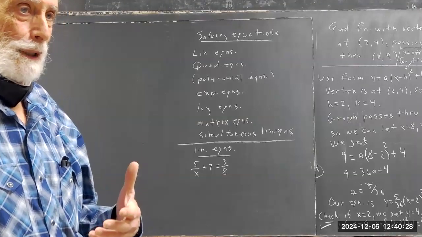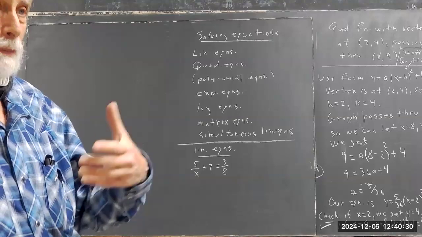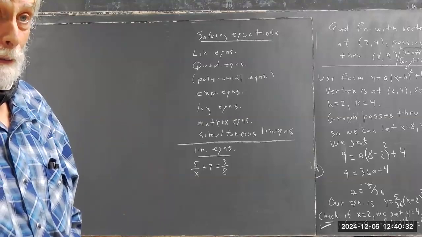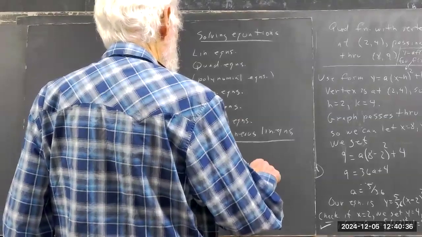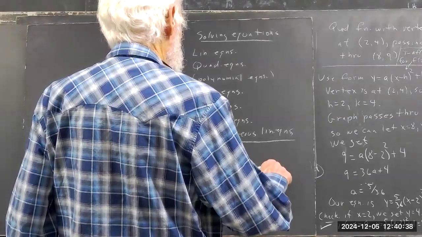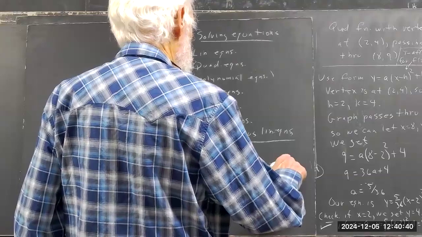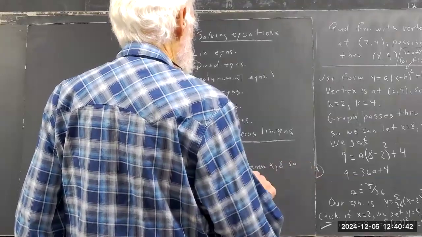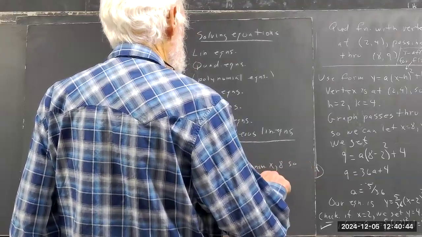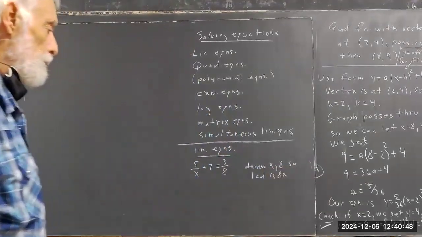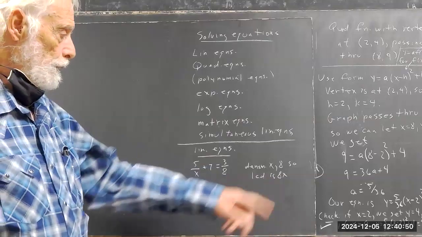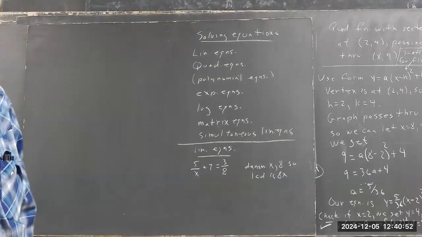What I'm talking about is multiply both sides by the common denominator. The denominators are x and 8. So I say that the LCD, the least common denominator, is 8x.